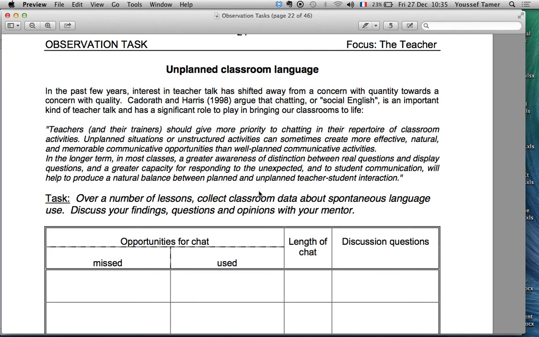Kodarat and Harris, 1998, argue that chatting or social English is an important kind of teacher talk and has a significant role to play in bringing our classrooms to life.